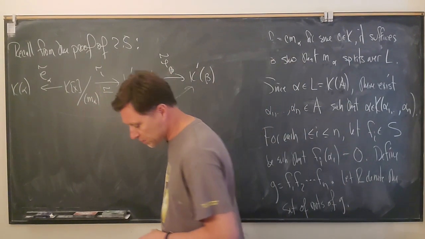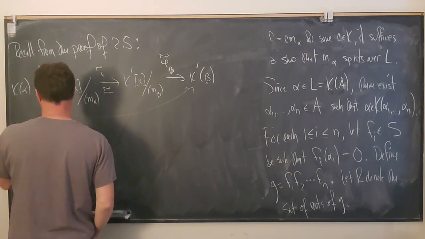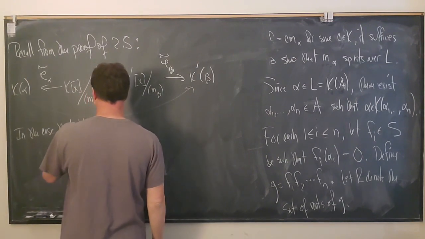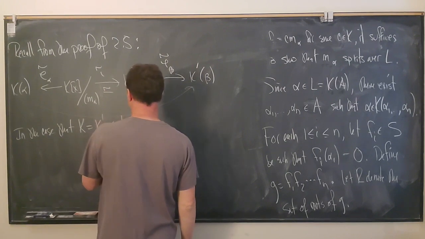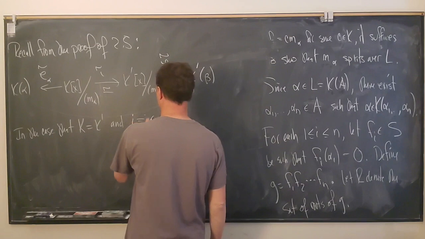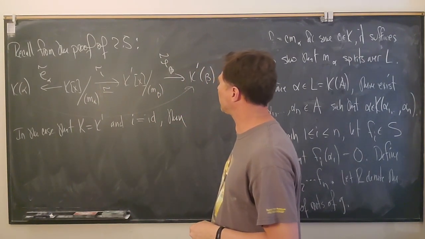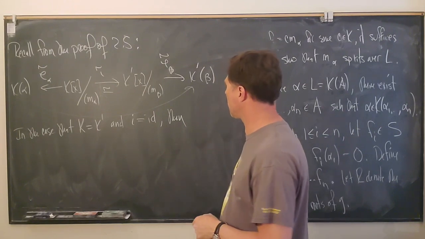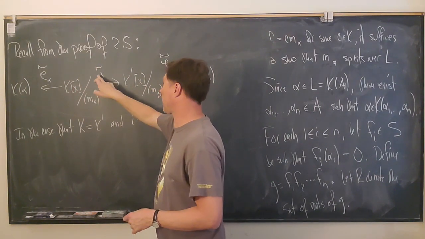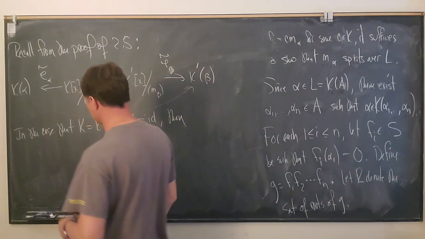So in the case that we actually just start off with K equal to K prime, and it would have been I equal to the identity map, then what that does is it basically takes this portion out of the picture, right? Because I is just the identity map.